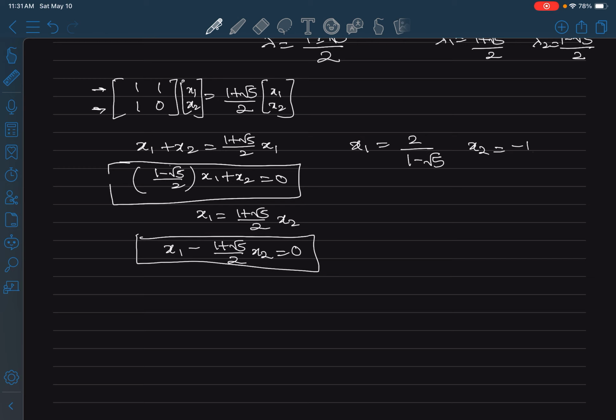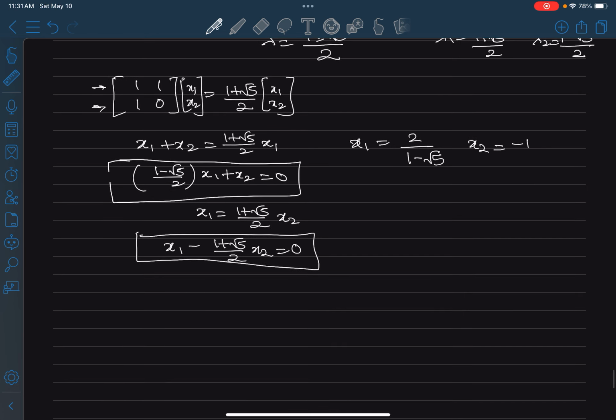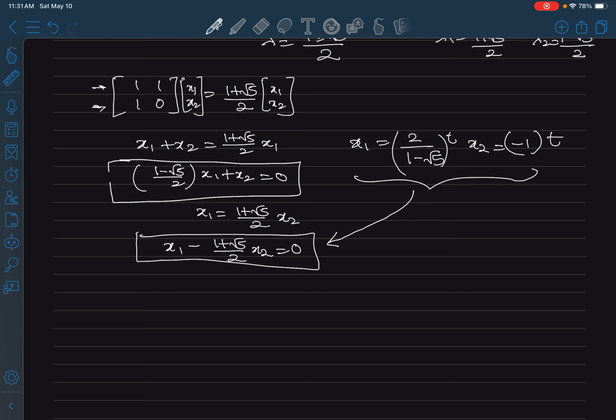Because then the first one is just 1 and this negative 1, that's 0, right? You can actually verify that this satisfies the second one too. That means the solution, and not just this, even if you multiply this by any t, that will still be a solution, right? But we can just take the simplest solution. So we can take x1, x2 as 2 by (1 minus root 5), negative 1, right?